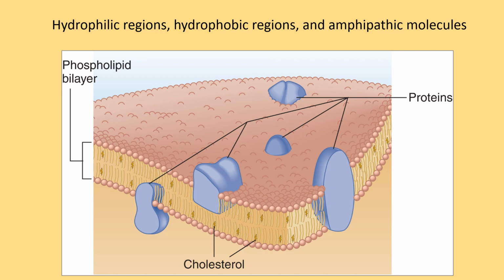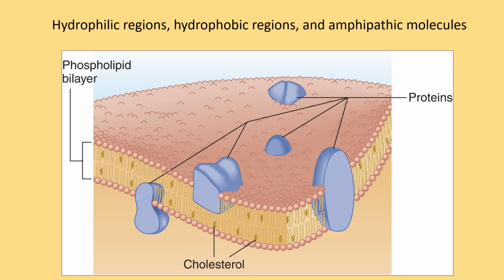Those pink heads are all hydrophilic. They include more polar covalent bonds, so they play the magnet game with water. And of course, these heads are surrounded by water molecules. Outside the cell, mostly water molecules. Inside the cell, mostly water molecules.